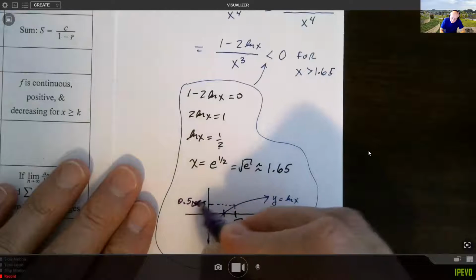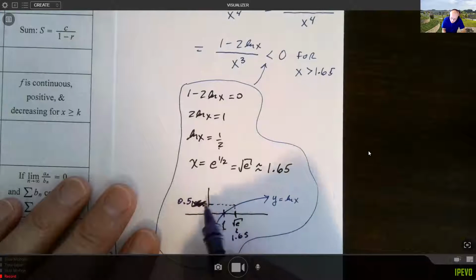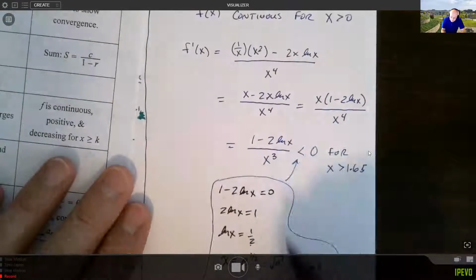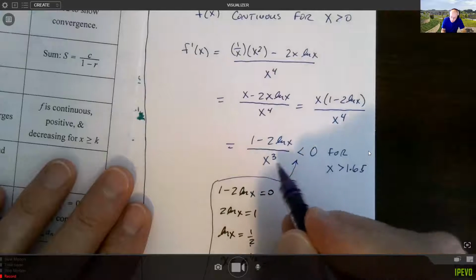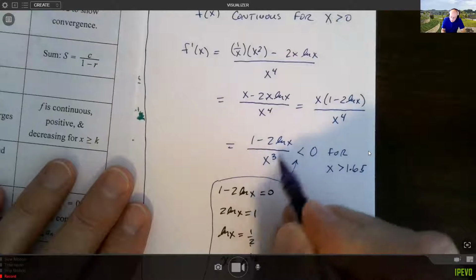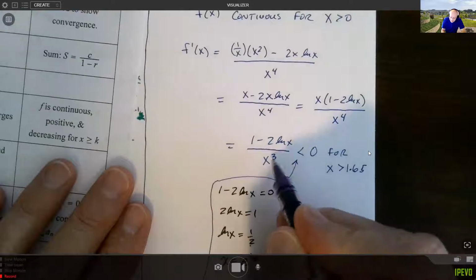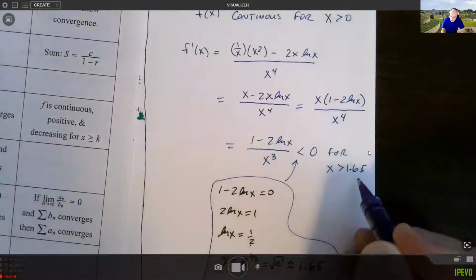Sorry, that's confusing. For any value greater than the square root of e, the value of the natural log function is greater than a half. And so this difference will be negative, and the bottom is always positive. And so this derivative is less than 0, negative, for values of x greater than the square root of e, which is about 1.65.